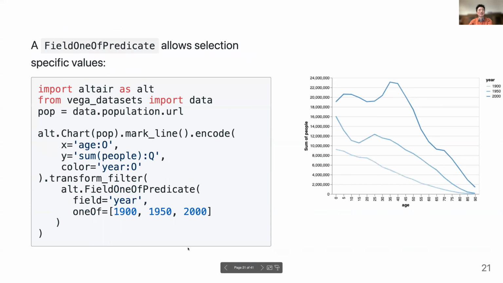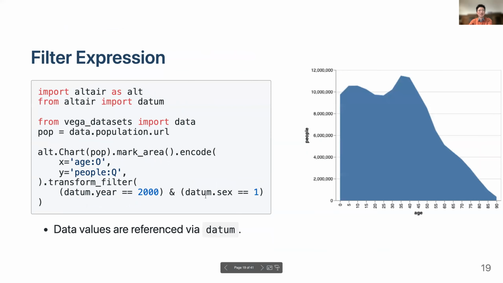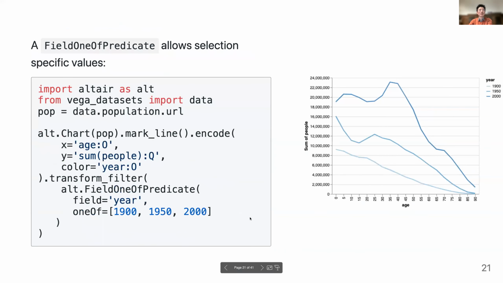Okay, and personally, I think this is slightly easier to read compared to this. But the advantage of this one is you can add more predicates, and you do something called field one-of predicates. That means this is the equivalent of or.